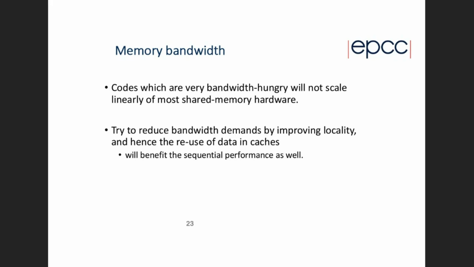You can try to reduce your bandwidth demands, obviously, by improving locality and reuse of data in your caches. That's going to benefit the sequential performance as well. So really, it's the same optimizations you'd be looking at to improve cache reuse and reduce memory bandwidth demands.